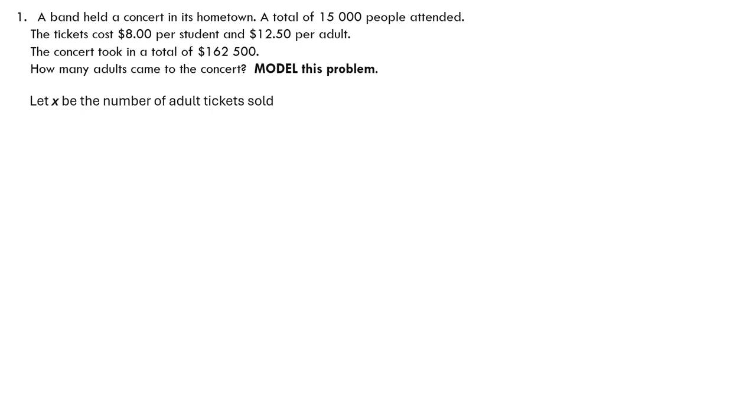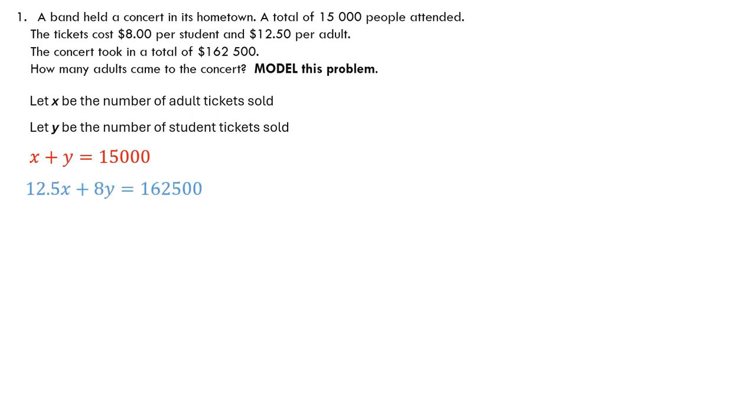Let X be the total number of adult tickets sold, and let Y be the number of student tickets sold. We know that the total number of adults and students equaled 15,000 people.